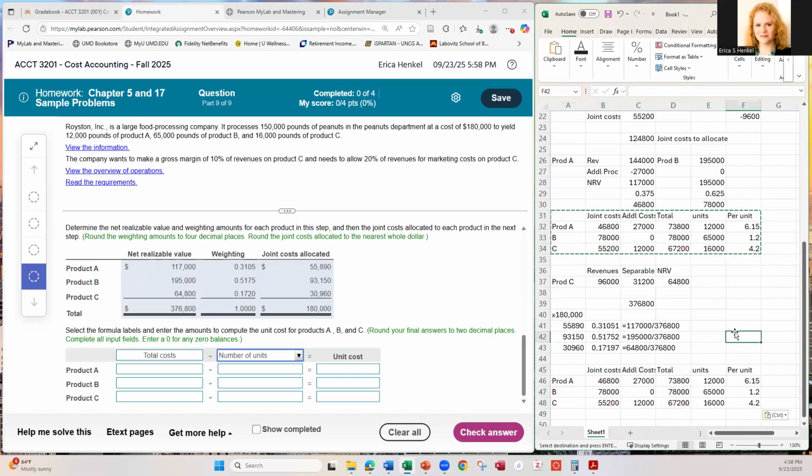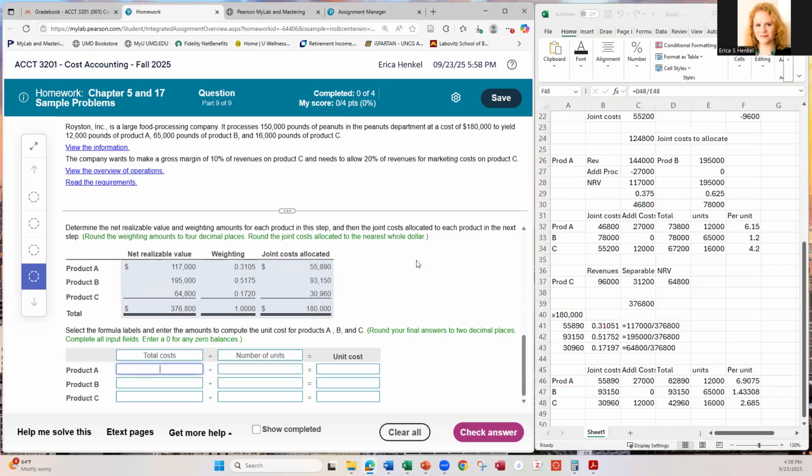And I'm just gonna change these joint costs that we allocated to the new amounts. And make sure I have formulas in these and not hard-coded numbers. Those are fine because it's units. And that should get me there. All right, so copying that in.